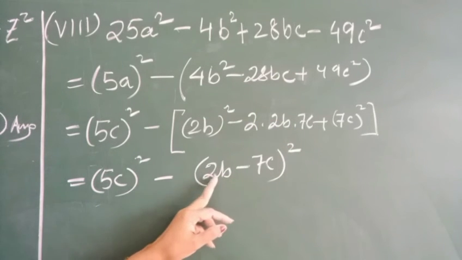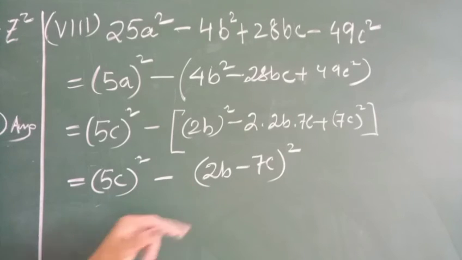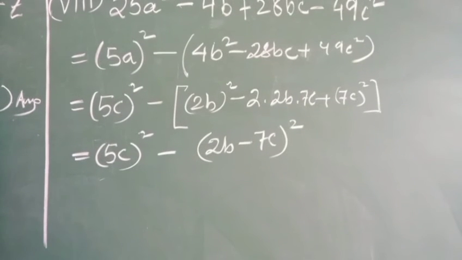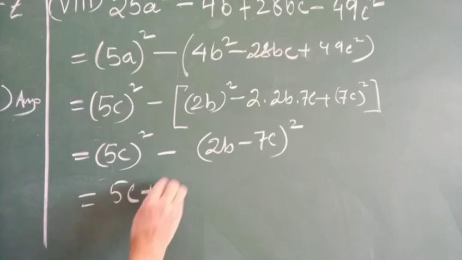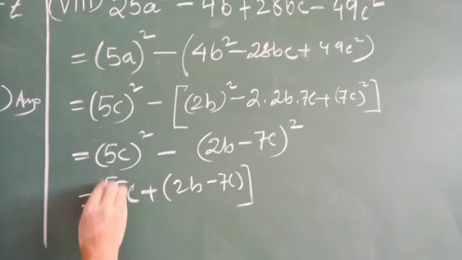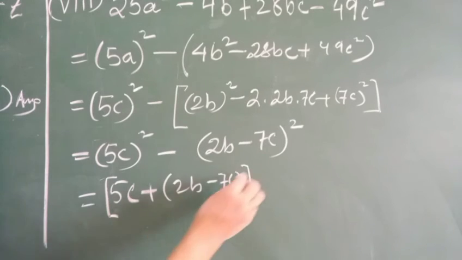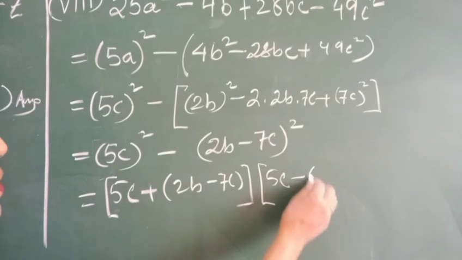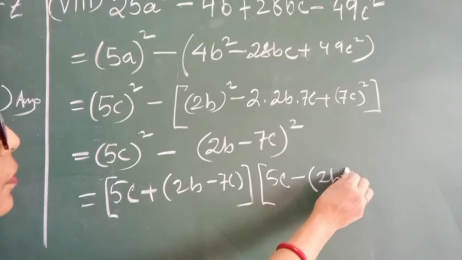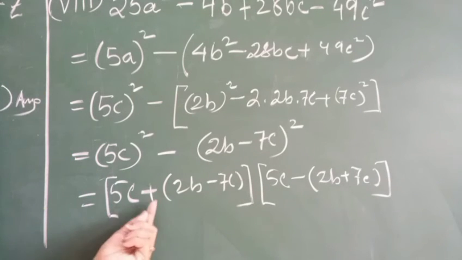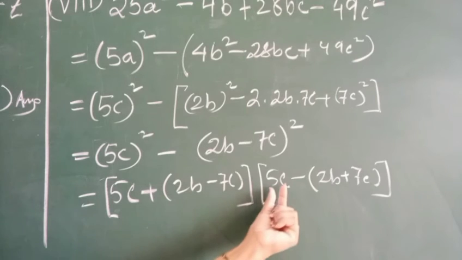Now this is our a and this is our b. The third identity came. Can you see now you can use the third identity here easily. Now it is our a, so 5a plus 2b minus 7c, a plus b into a minus b.